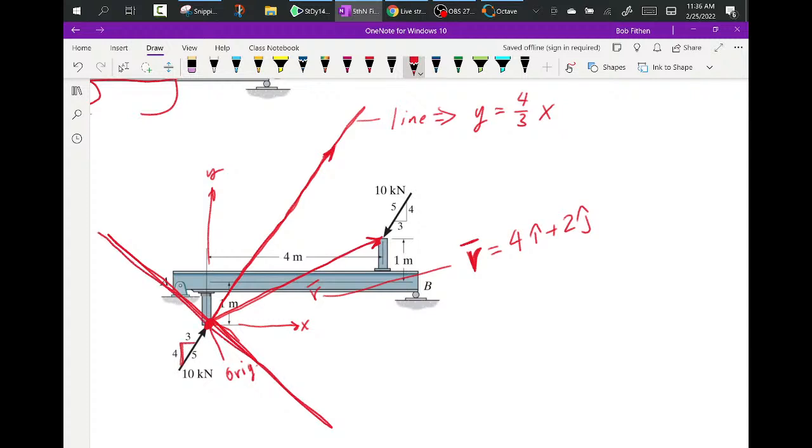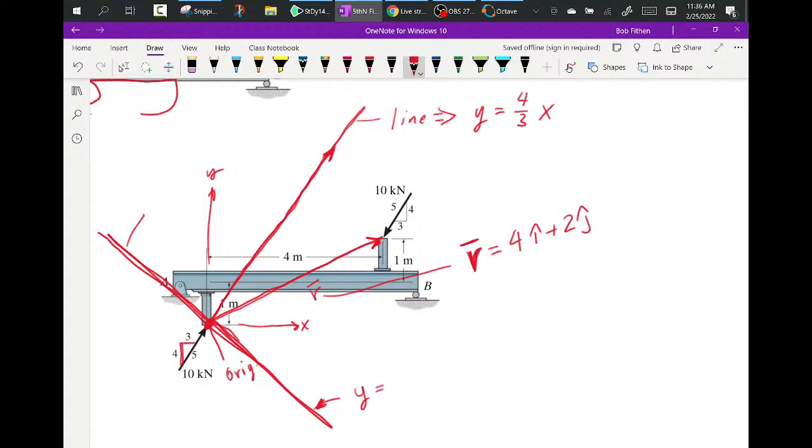So what is this line? It goes through the origin too, but it's a negative slope.